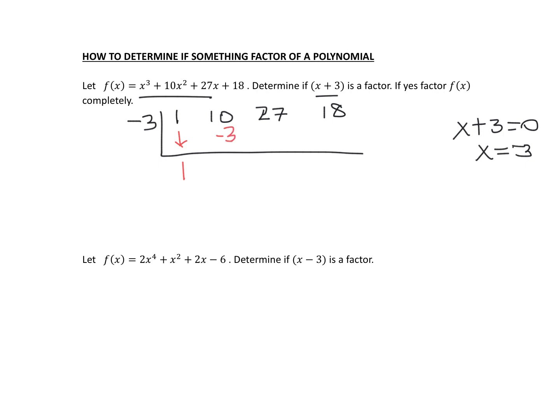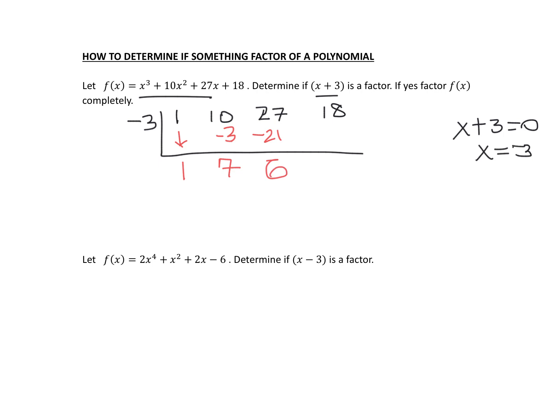Then I add these two, and I get 7. Then I take negative 3, multiply by 7, and I get negative 21. I write it here, and then I add these two. I just keep adding, so I get 6.